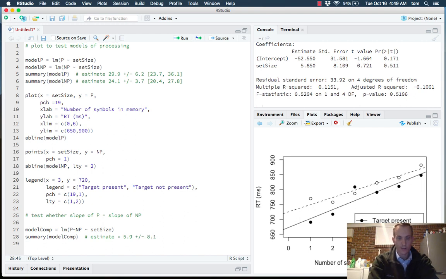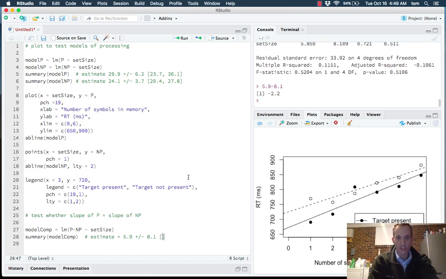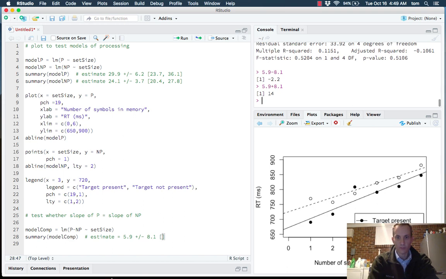All right? So what does this give us as a confidence interval? This gives us 5.9 minus 8.1, which is negative 2.2, and 5.9 plus 8.1, which is plus 14. So our 95% confidence interval, or sorry, it's not a 95% confidence interval, that would be even bigger. This is more of a 68% confidence interval.